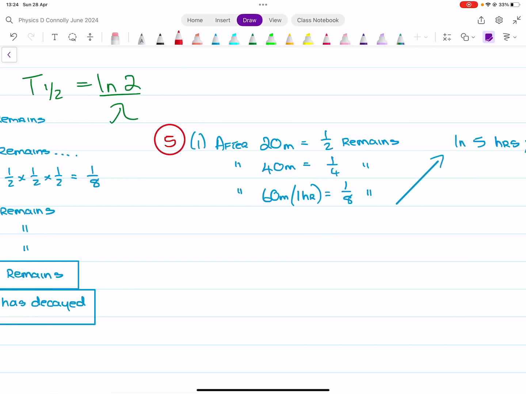Okay, so we'll keep going with this. So after an hour 20, it's a 16th. An hour 40, it's 1/32. Going to 2 hours, it's 1/64.